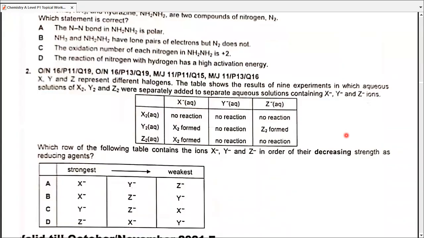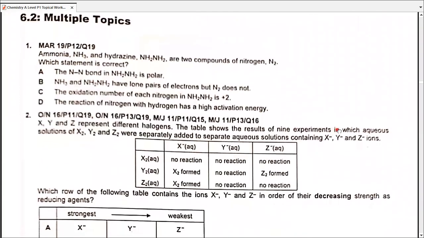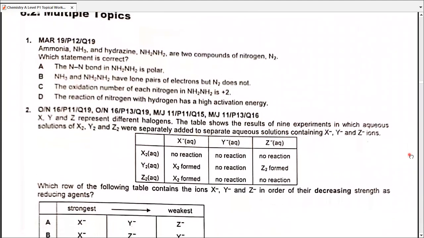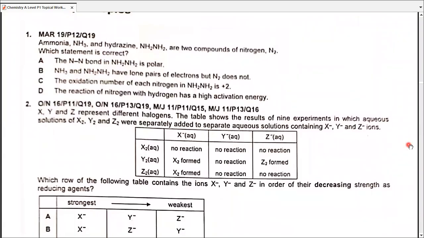Too easy. Let's go with these multiple topics. Yeah, let's start with one. Multiple topics are sometimes the MCQs which are a little bit out of the scope.